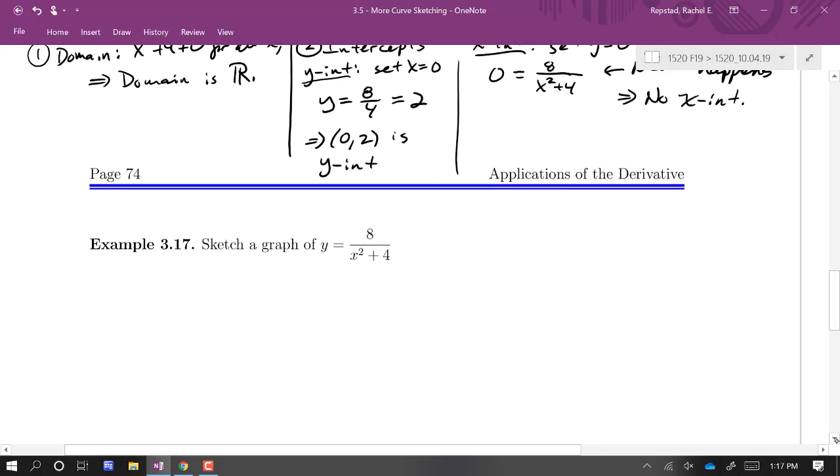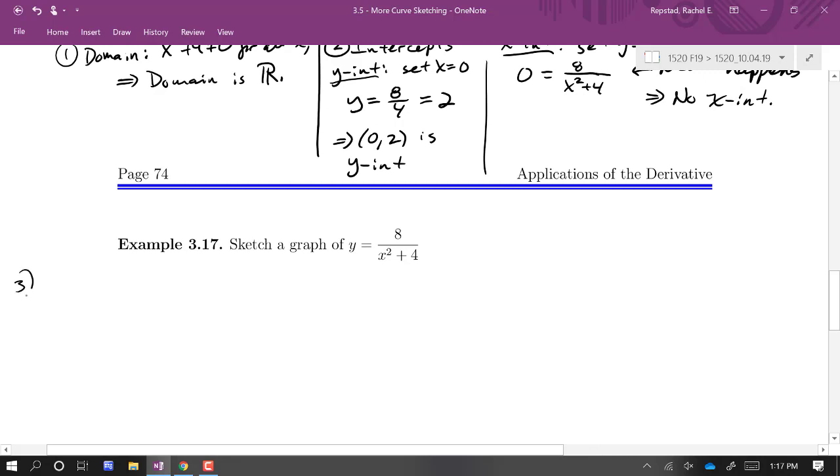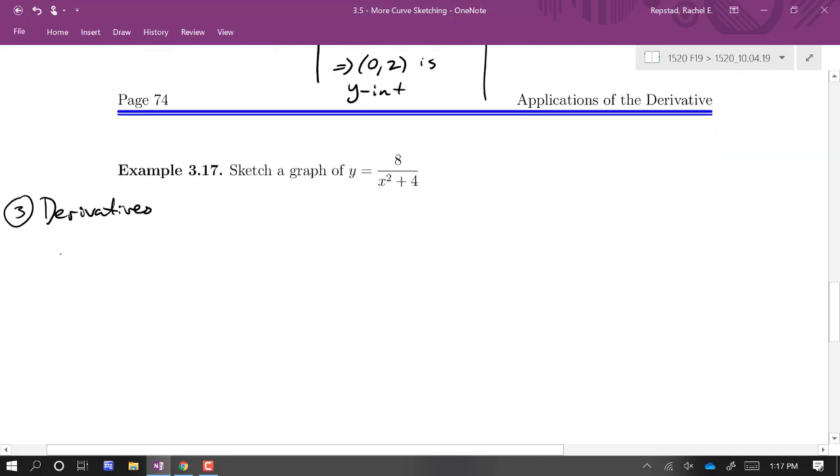The next bit of information we need is the derivatives. If I'm going to find the first derivative, what would be a helpful way to write this function? 8 times x squared plus 4 to the negative 1. There's no x up top, so it's much easier if we bring that up as a negative 1 power, because then I don't have to use the quotient rule.